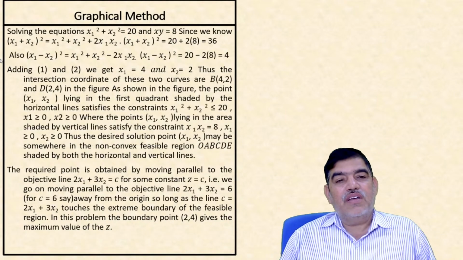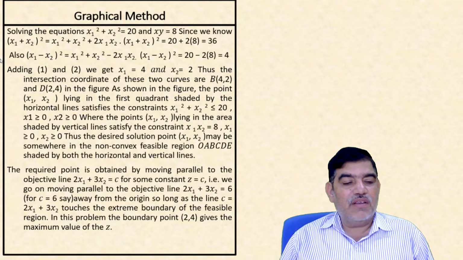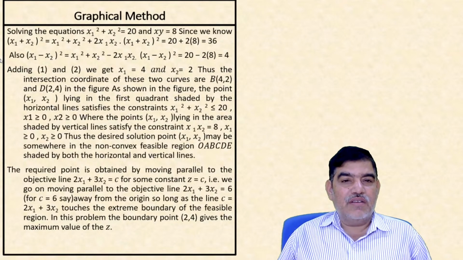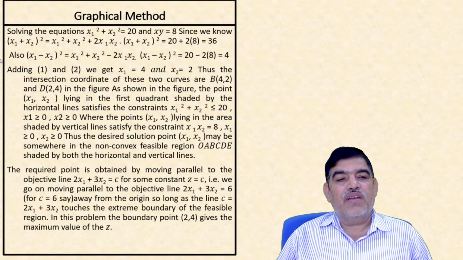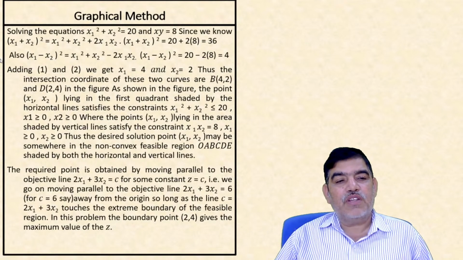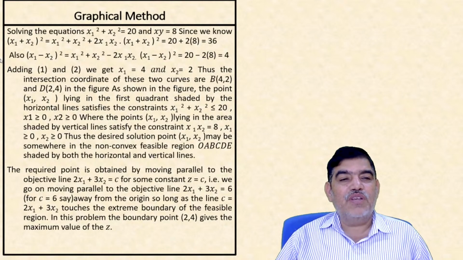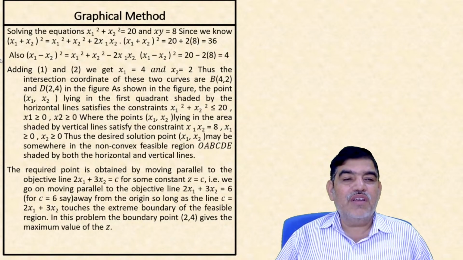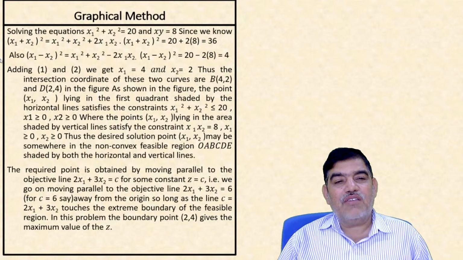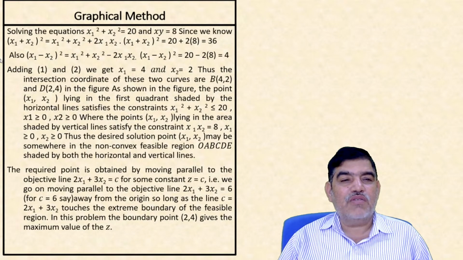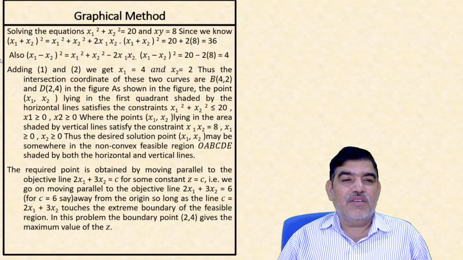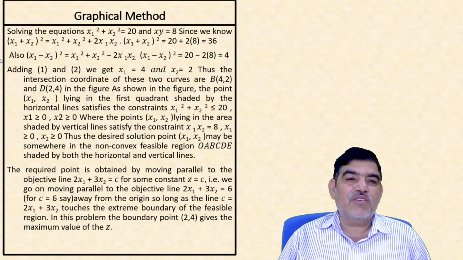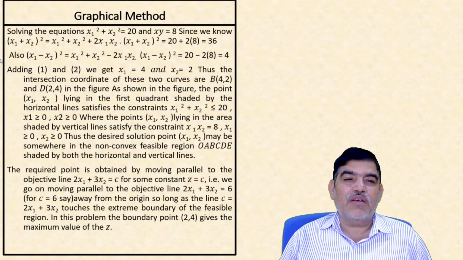Solving the equations x1² + x2² = 20 and x1x2 = 8, since we know (a + b)² is a² + b² + 2ab, by using that formula, (x1 + x2)² = x1² + x2² + 2x1x2.